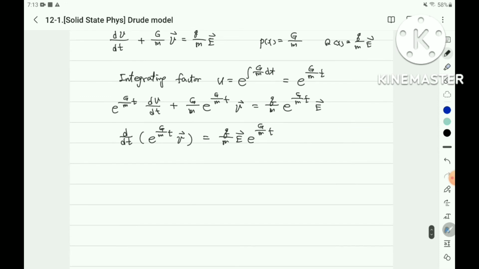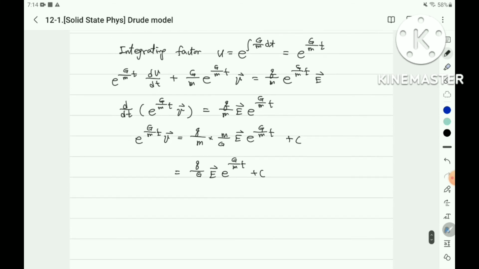Therefore, by integrating, exponential (g/m)t v equals qE/m times m/g exponential (g/m)t, integrating the right side, plus c. Therefore, it is qE/g exponential (g/m)t plus c.